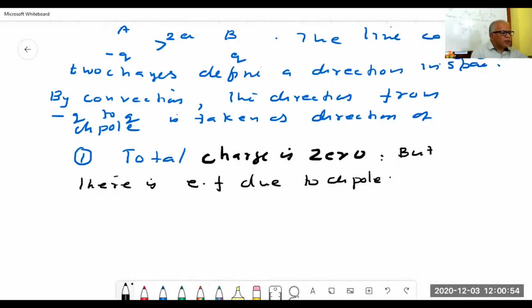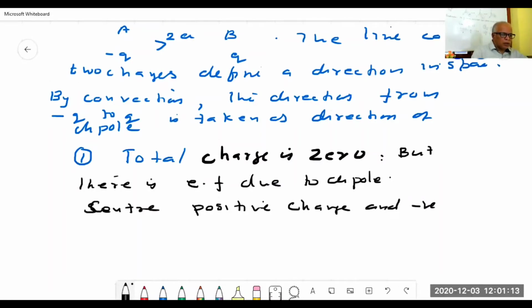Because the center of positive charge and the center of negative charge are separated; they do not coincide.